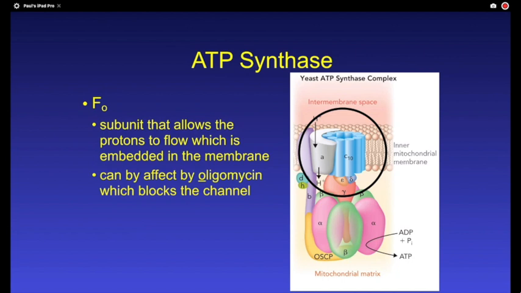The F0 unit is where the protons actually flow through. It can be affected by oligomycin, and so that's an FO, not an F0, because oligomycin blocks the channel. Oligomycin is an antibiotic, and it can kill an organism. And obviously, if you stop ATP production, it'll eventually die.